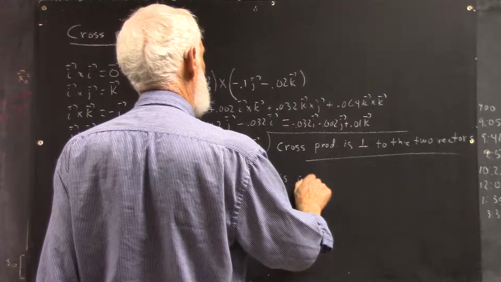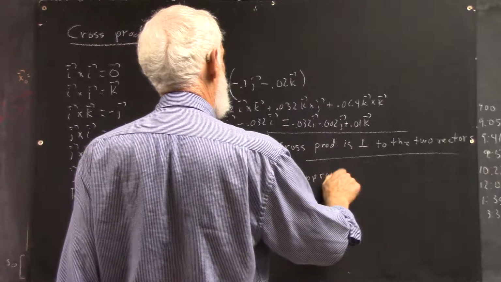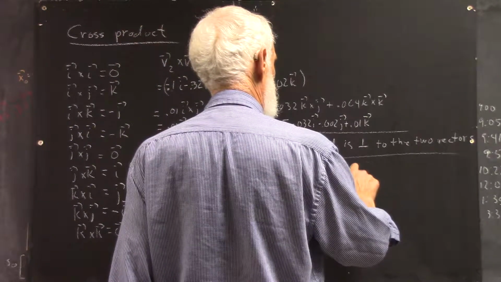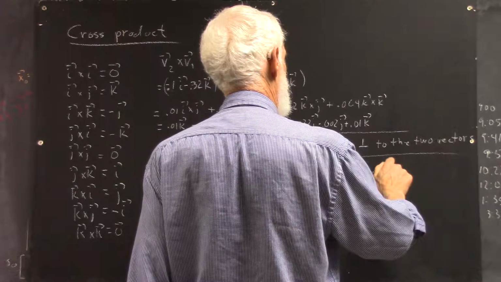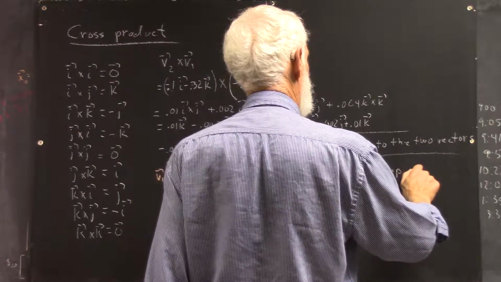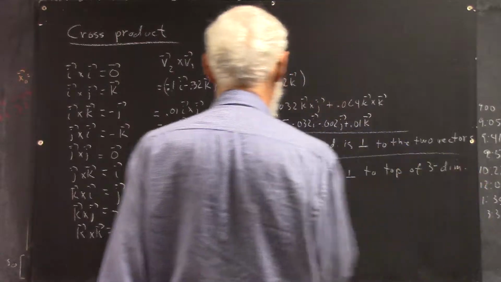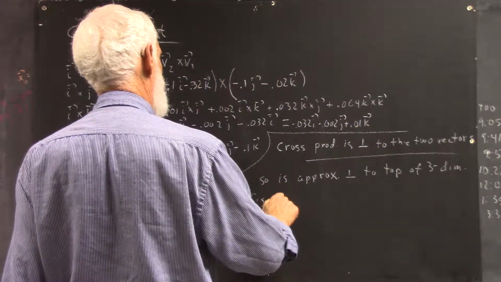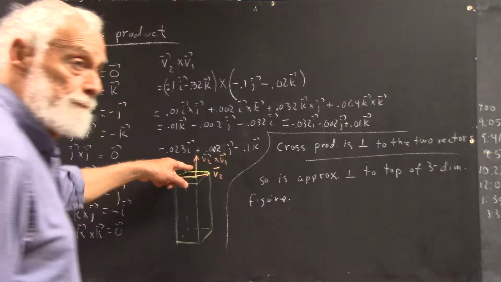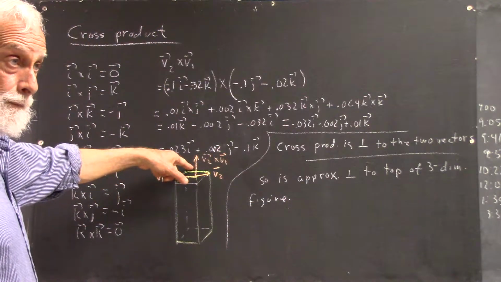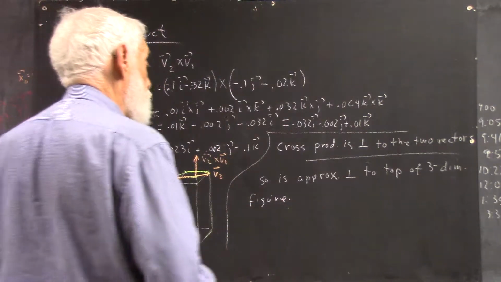So it is approximately perpendicular to the top of our three-dimensional figure. Okay? Well, we call this a normal vector.